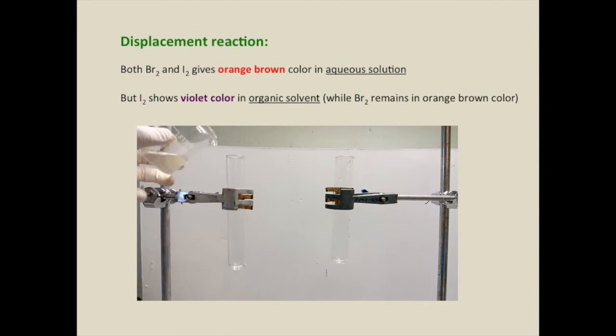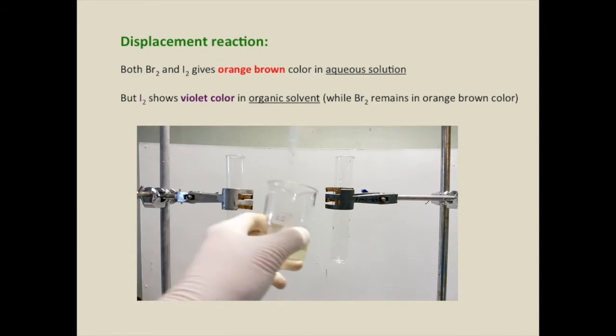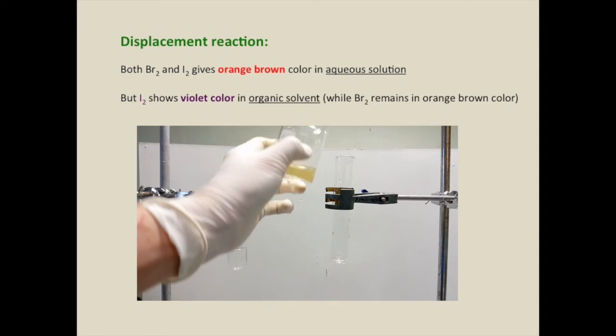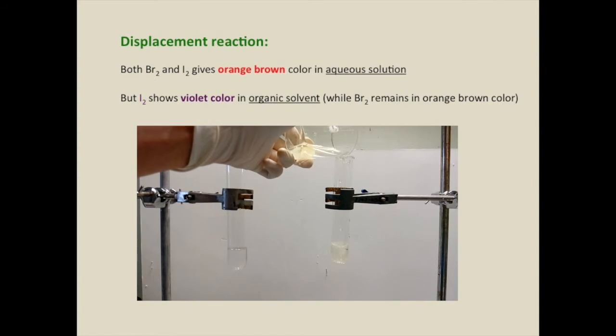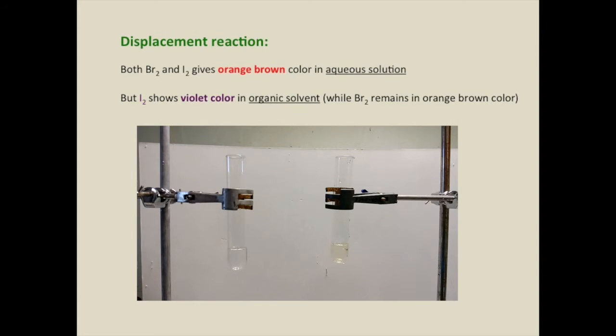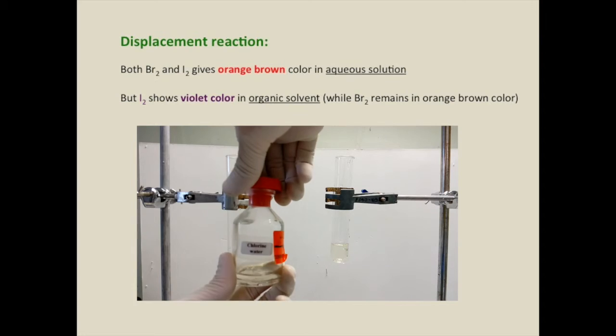So how can we distinguish them? Well, the idea is we use organic solvent, which shows different colors. And in the video below, I can show you more. Both of them are almost colorless. On the left hand side, here I have the bromide solution, and on the right hand side, I have iodide solution.